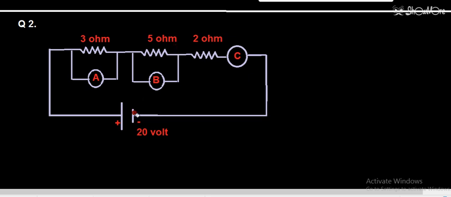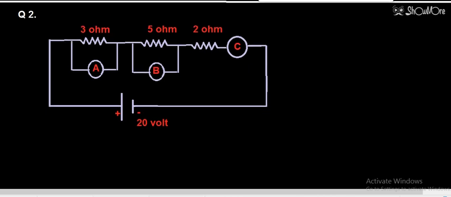So this is the battery of 20 volt connected here. Let's suppose some current I is coming. Device A is connected parallel to the 3 ohm resistance. You can check here.